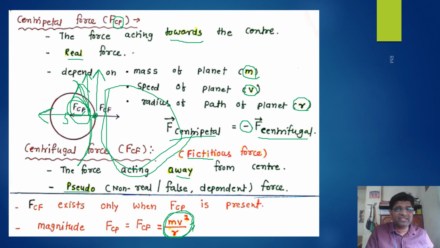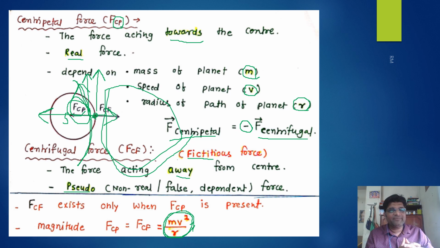Then you could say that centripetal force does not depend upon the quality of the tire, it depends upon M, V and R. That's true, it depends only on those factors, but if the quality of the tire is bad, then your car may skid, and you may not be able to negotiate this circle, and you will be thrown off the road, and centrifugal force may take you away from that road, and you may fall into the valley as well.